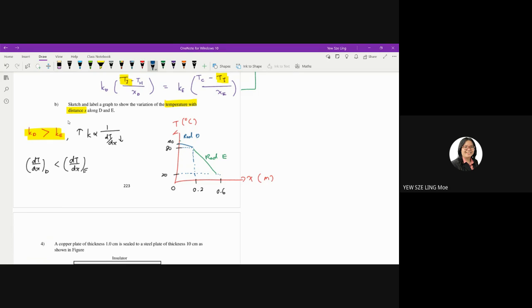Kamu buat ikut skala yang betul, kalaulah kamu risau kamu dapat bentuk yang salah, sebab kamu ada nilai sekarang. Because you have the values, you can draw it based on the actual scale. But in case you don't have them, this is how you determine the shape of the graph.